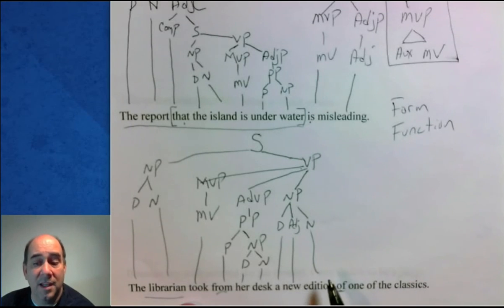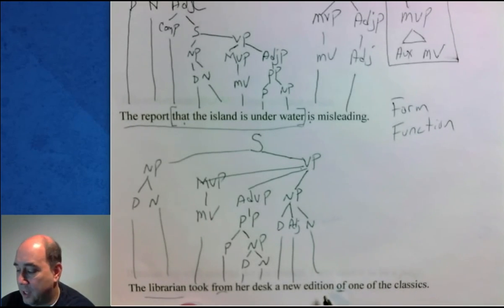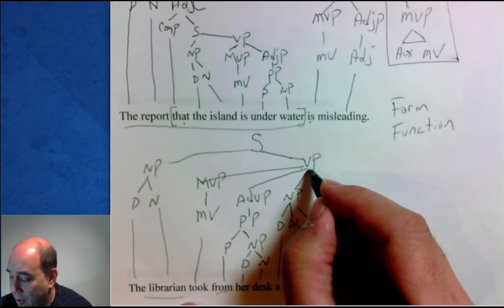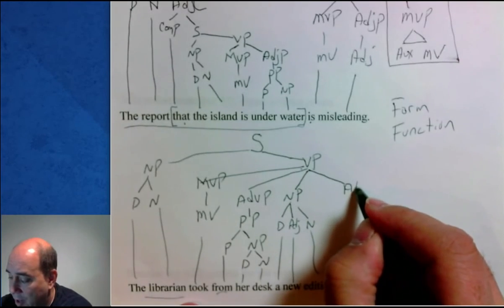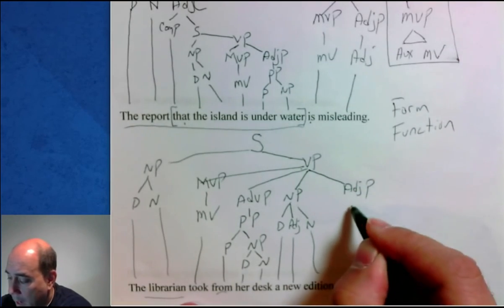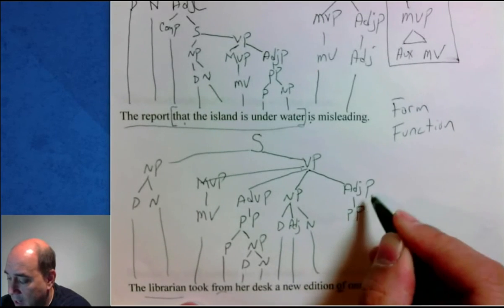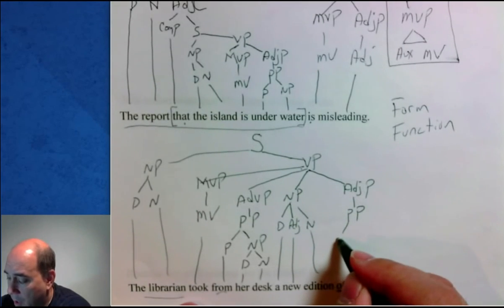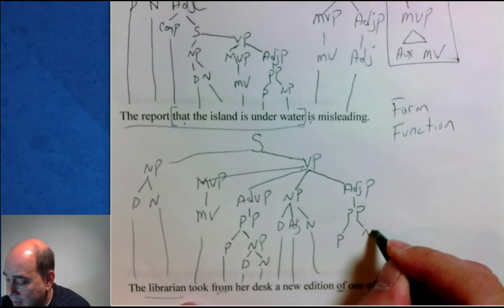This is describing edition. What edition? Which edition? Is the question you'd be asking. Oh, the classics edition. Oh, that edition. So it's a prepositional phrase, but it's an adjective phrase. So over here we put an adjective phrase. Function, form, and we have a preposition and a noun phrase.